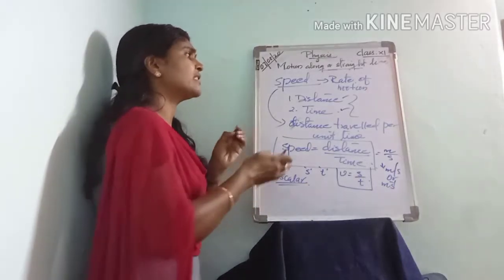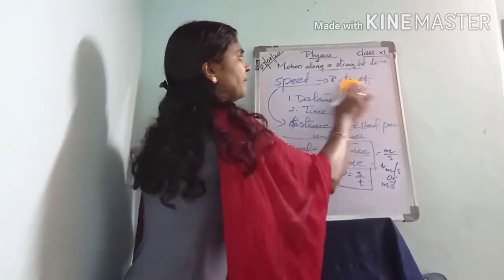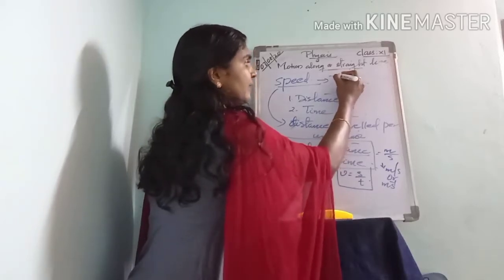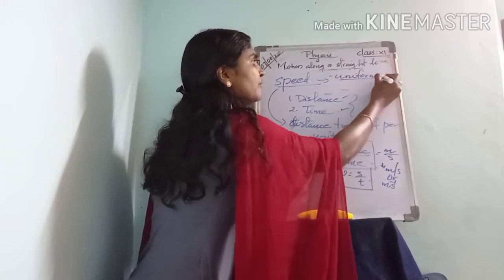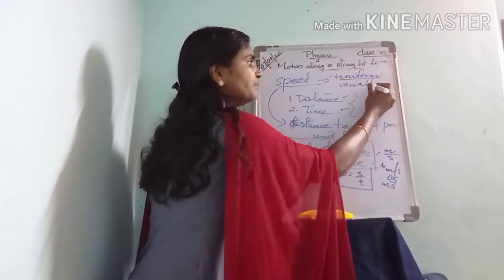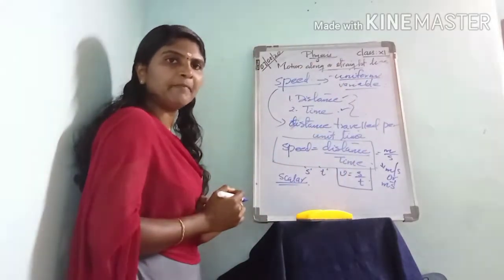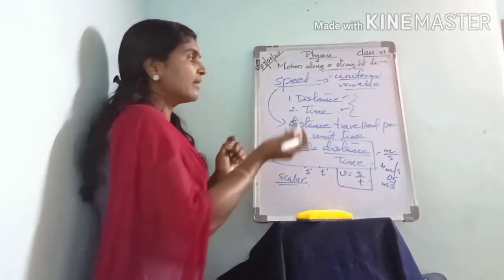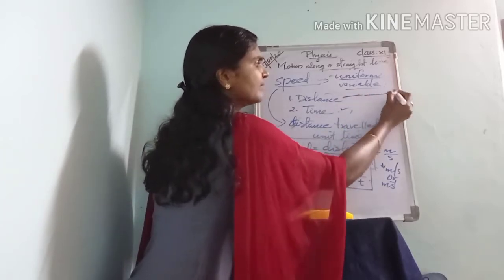Here the speed of an object can be uniform or variable. An object can move with uniform speed or with variable speed. Suppose an object covers equal distances in equal intervals of time. Consider the motion of a car.